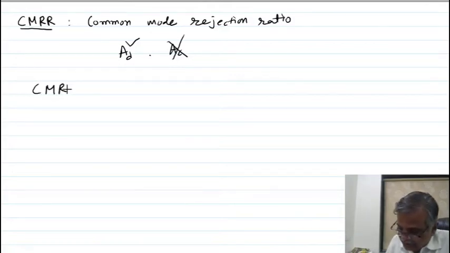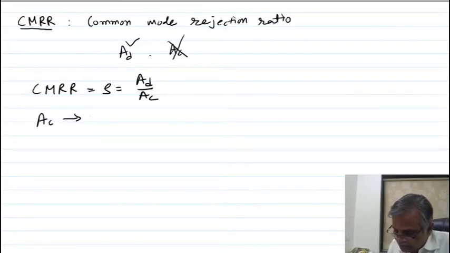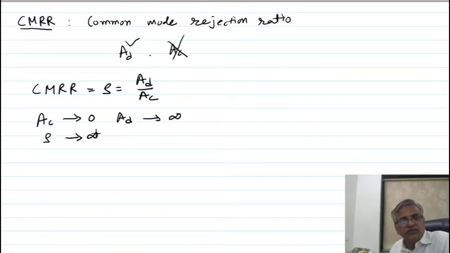It is defined by the ratio of AD by AC. For an ideal differential amplifier, common mode gain tends to 0 and AD tends to infinite. So for an ideal differential amplifier, rho should be infinite. If rho is very large, then error will not be introduced at the output.